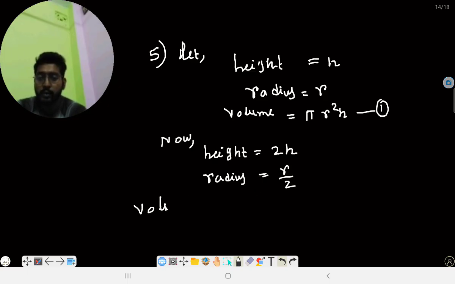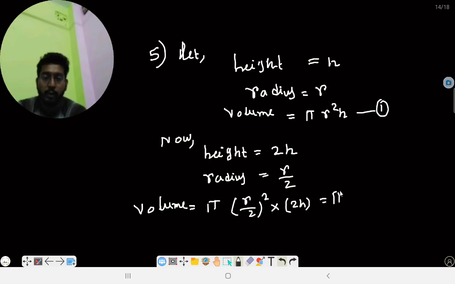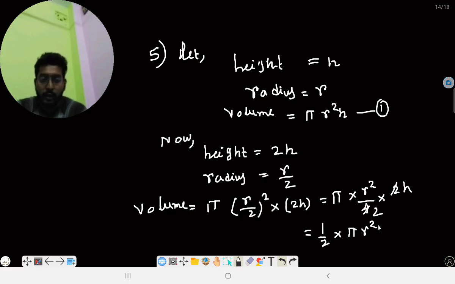The volume will be pi r square, that means r by 2 whole square, into h, which is 2h. So that will be pi into r square by 4 into 2h, that is half pi r square h.